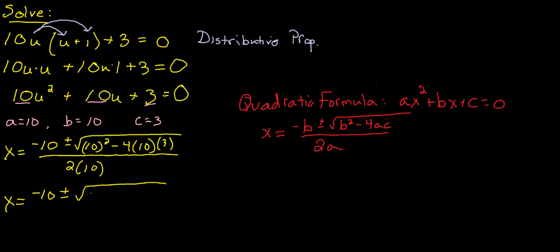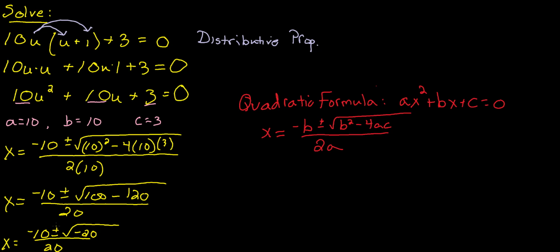I've got 10 squared, which is 100, minus 4 times 10, which is 40, times 3 is 120, all over 2 times 10, which is 20. And let's tidy this up a little bit more before we head over to the calculator. We're going to have negative 10 out in front, plus or minus the square root of negative 20 all over 20.